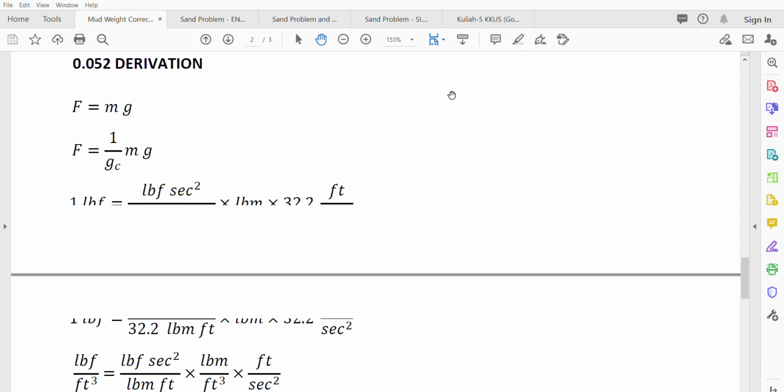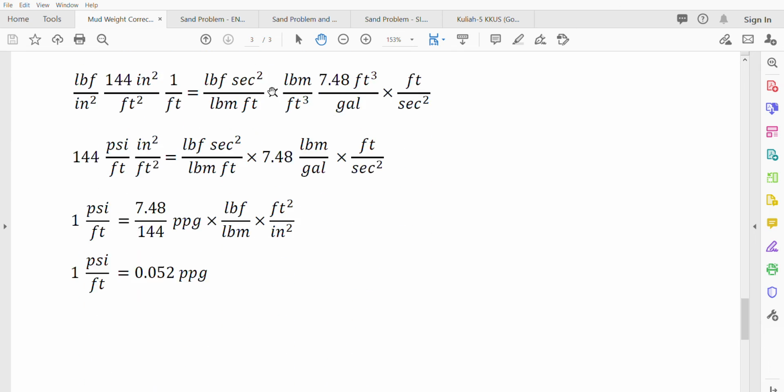But it's different from the international standard. 1 Newton equals mg. So if it's 1 kilogram and g is 9.8, 1 kilogram causes 9.8 Newtons. So it's different.